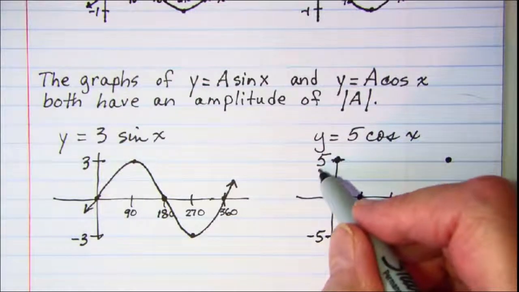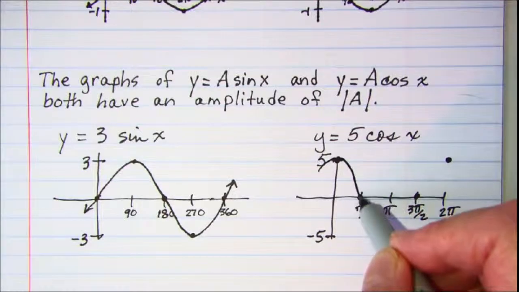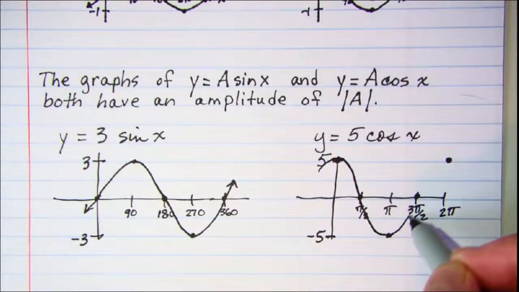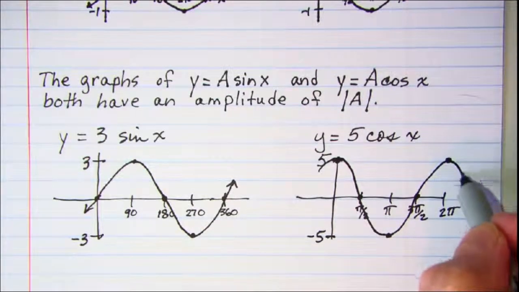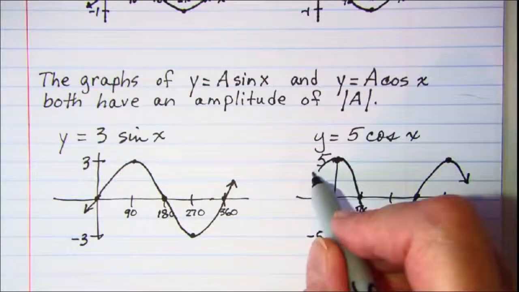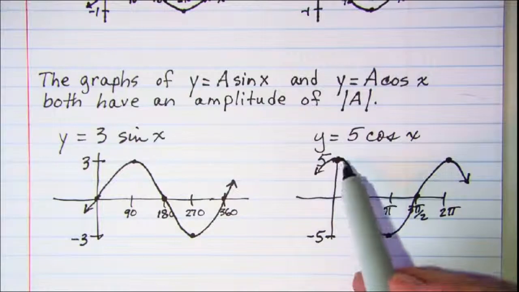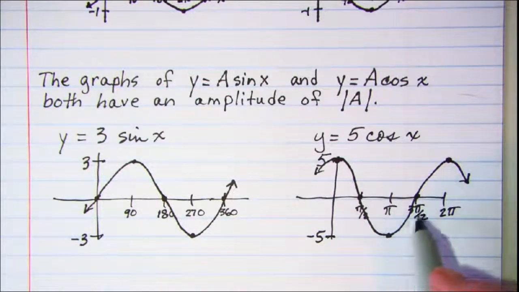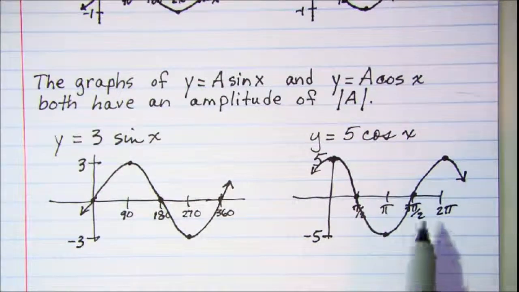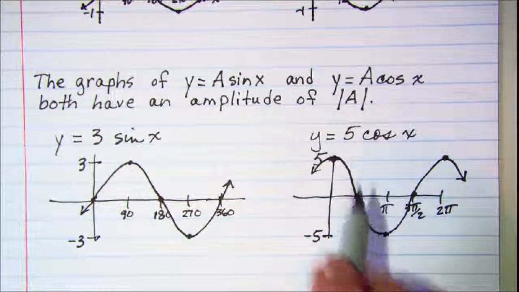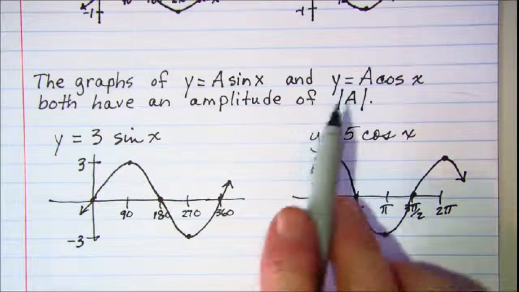So my cosine curve looks like this. Now remember, it'll never go higher than 5 and never lower than -5. So this is my cosine curve that has an amplitude of 5.